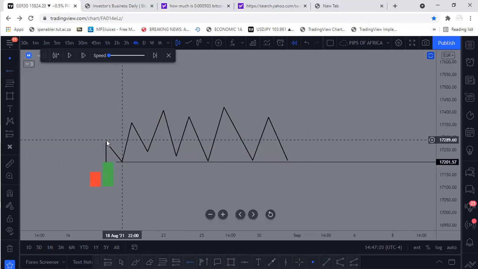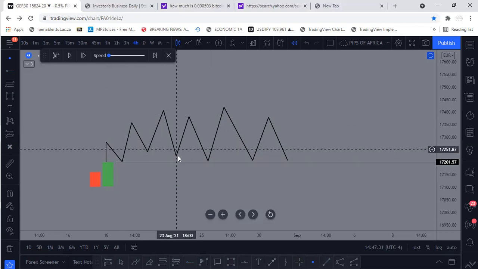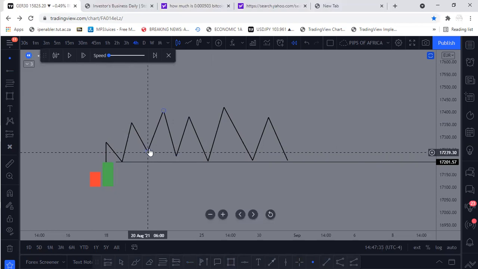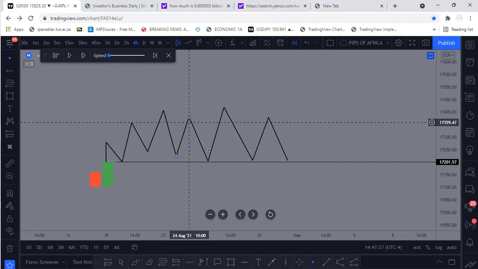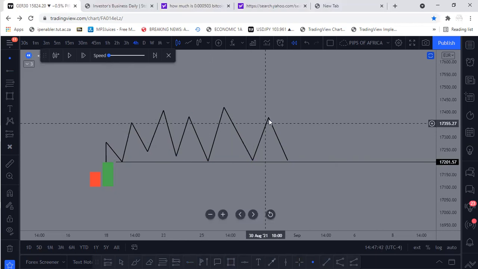So this is the ranging market. How do you see that the market is ranging? The market will create higher highs, higher lows, higher highs, higher lows, higher highs, and then it will quickly break the structure, meaning introducing the lower low, breaking the recent higher low. Lower low, lower high, lower low, higher high, higher low, lower high.